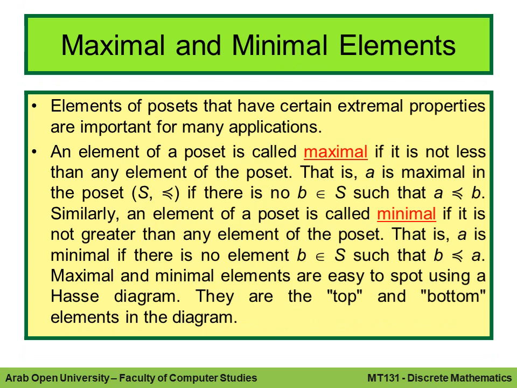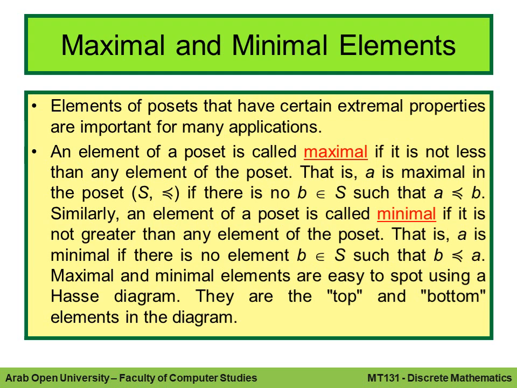Okay, we have more definitions: maximal and minimal elements. Elements of posets have certain extremal properties that are important for many applications. For example, what do we mean by a maximal element? A poset, again, is a set with some kind of partial order defined on it.